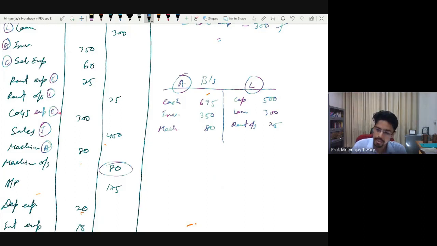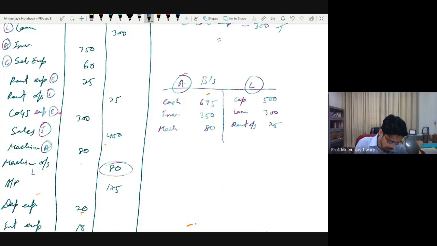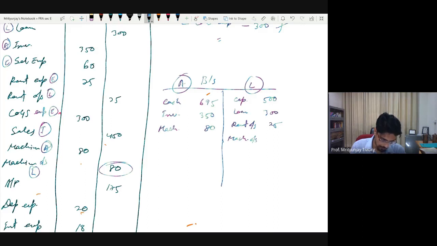So this is an obligation on you. So all the obligations are liabilities. That is why this is a liability. If that was not hint enough, the outstanding word should be enough of a hint. That outstanding means it's an obligation. Okay, so that is why this one will go into the liability side of the balance sheet. So I will call machinery outstanding with the value of 80 lakh rupees. Okay.